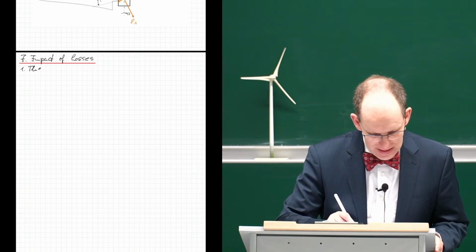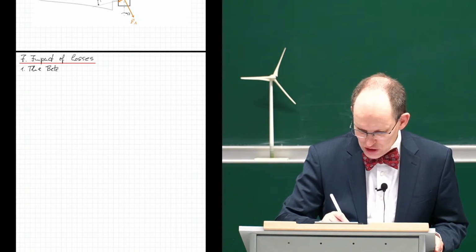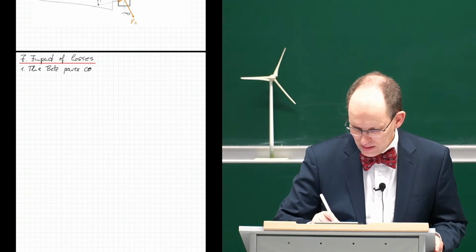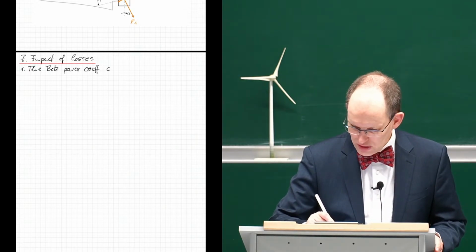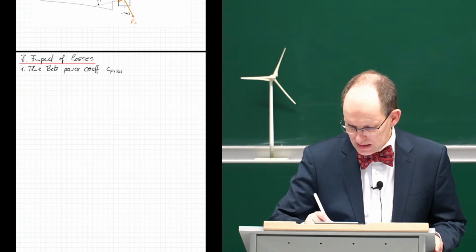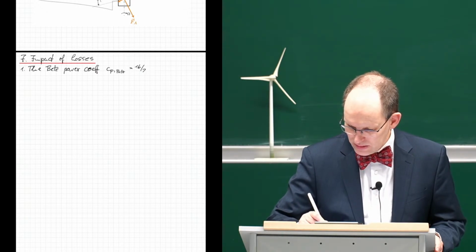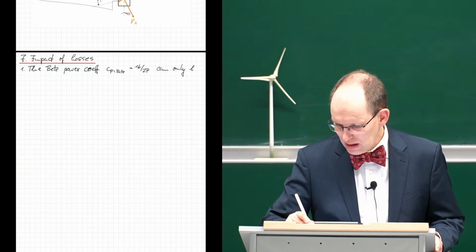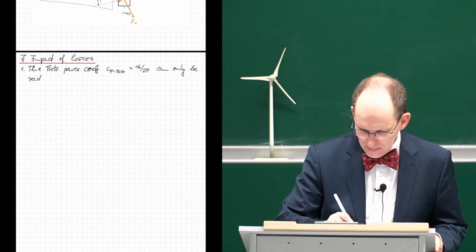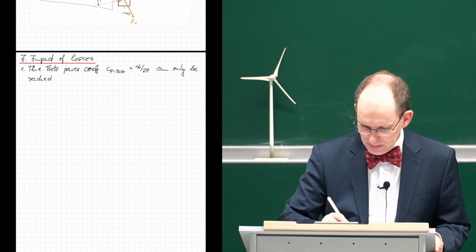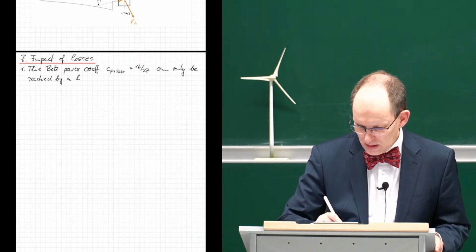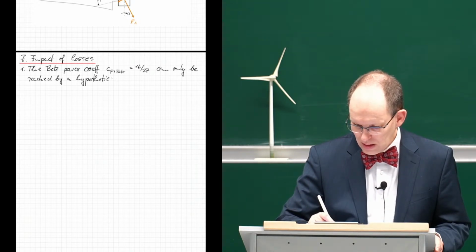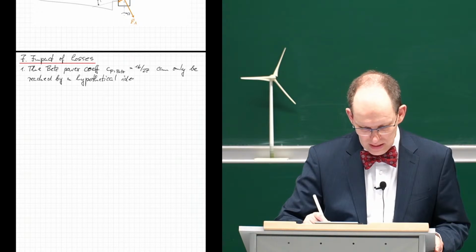The Betz power coefficient, cp Betz, equal to 16/27, can only be reached by a hypothetical ideal machine.